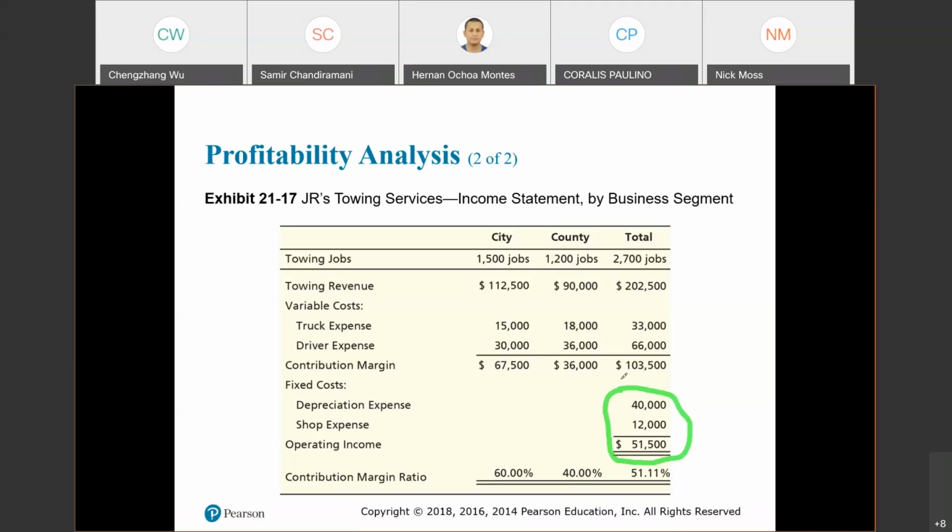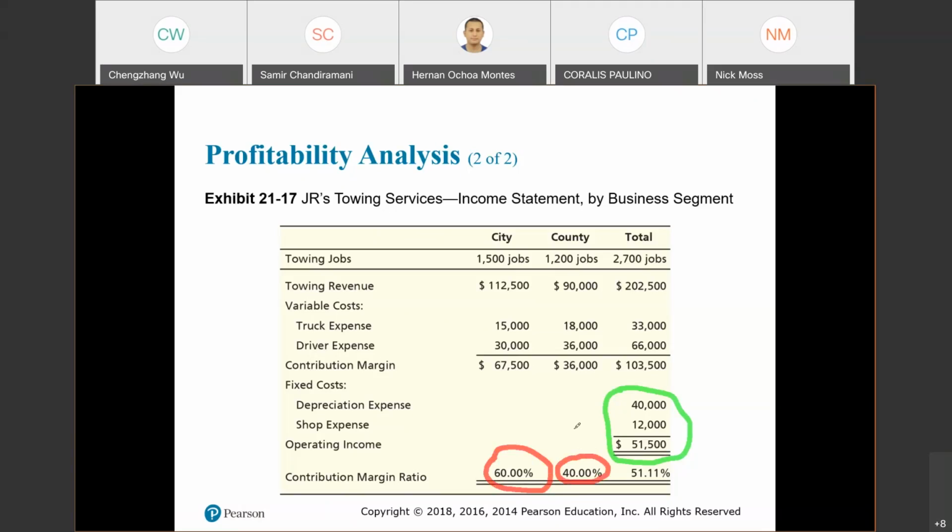So they are not relevant to the analysis. But by separating revenues and variable costs by business segment, we can see the city jobs are more profitable, with a 60% contribution margin ratio, compared with only a lower 40% contribution margin ratio for country jobs.